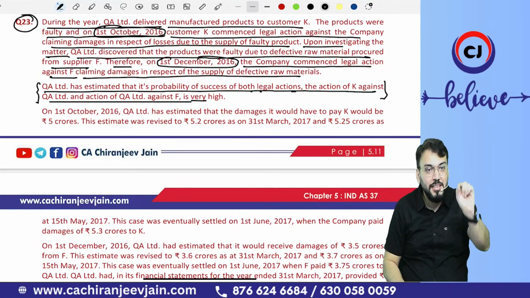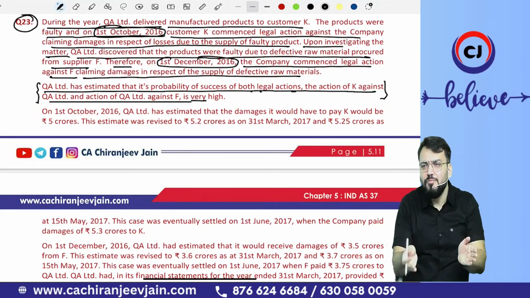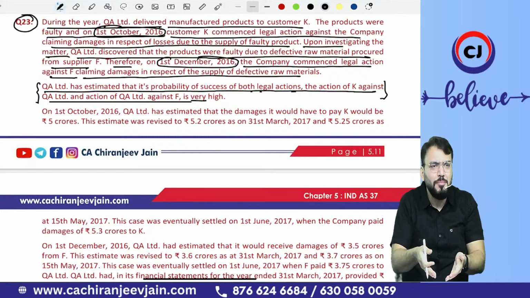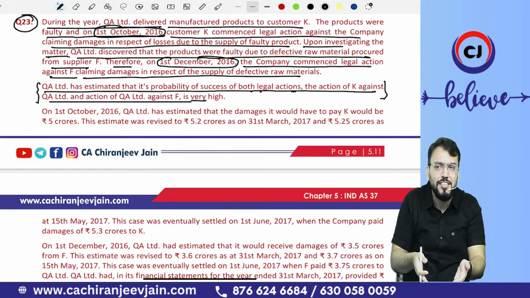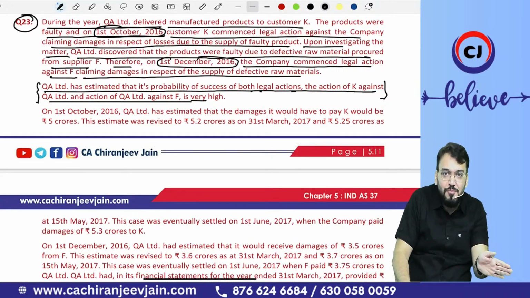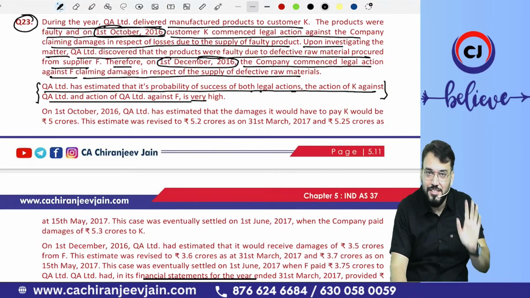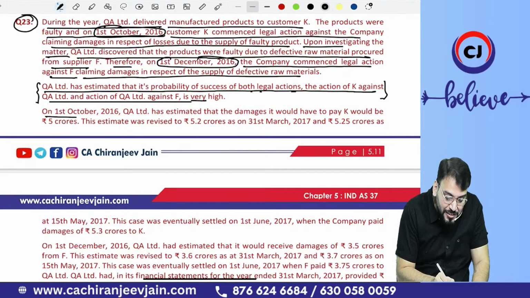Understood now? Interpretation understood? Correct? Yes, sir. Of course, in one case there will be outflow and in one case there will be inflow. Then only it will be eligible for this chapter, Ind AS 37. On 1st October 2016, this was the date of the case.